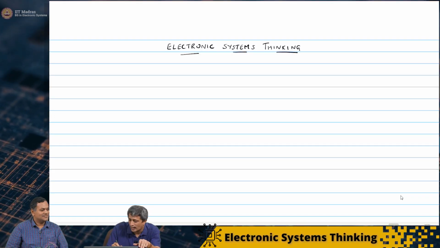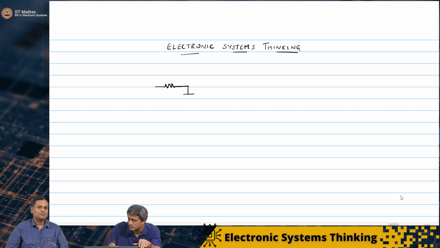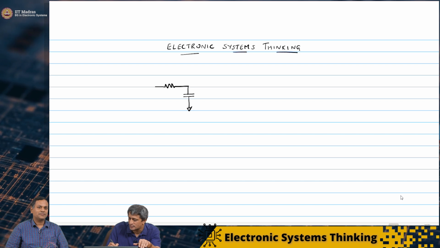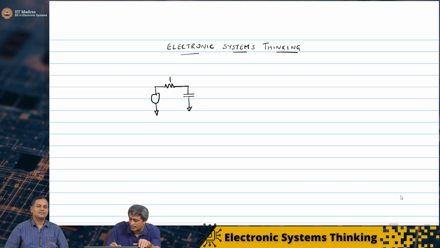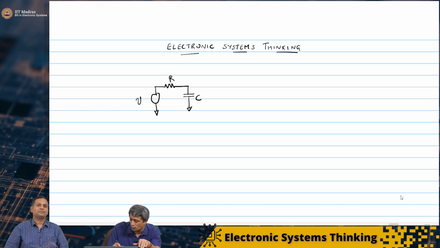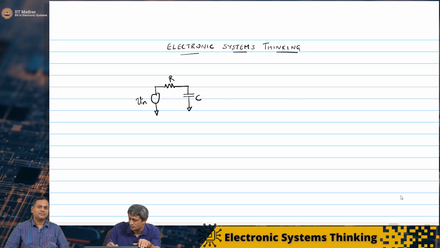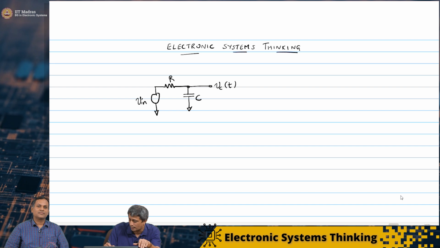Bobby and I did a very interesting experiment, and we decided to look at the effect of frequency in a general circuit. We take a circuit with R and C, apply an input voltage, and look at the voltage across the capacitor.